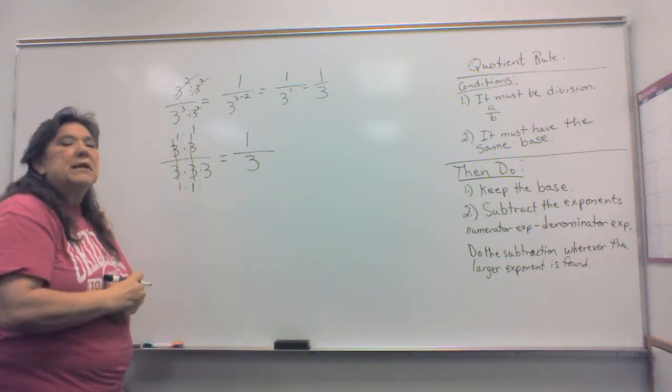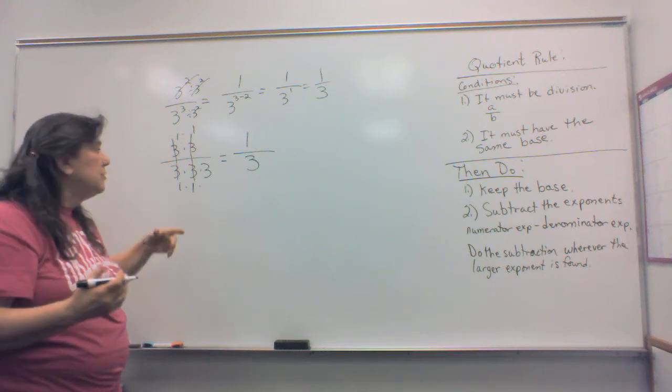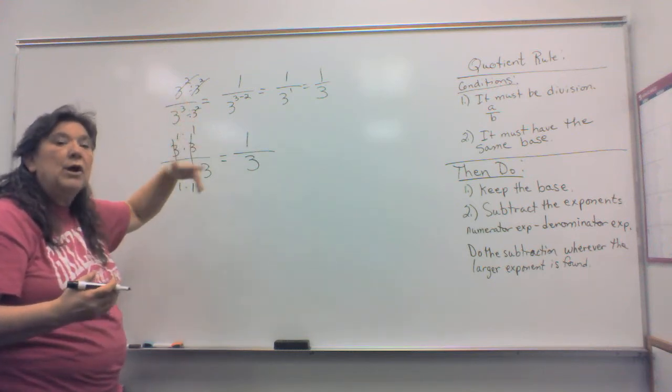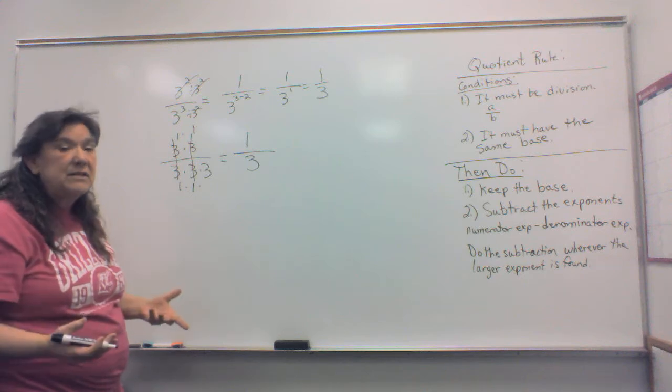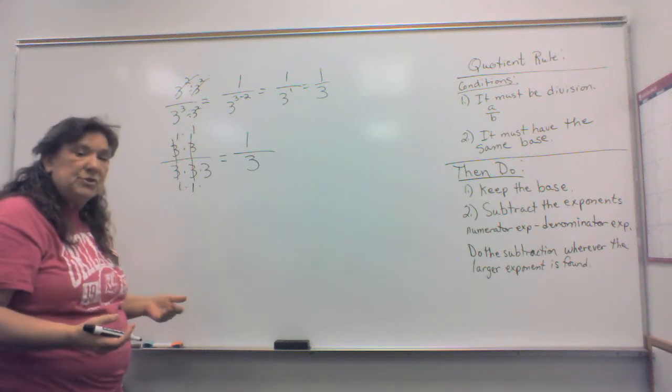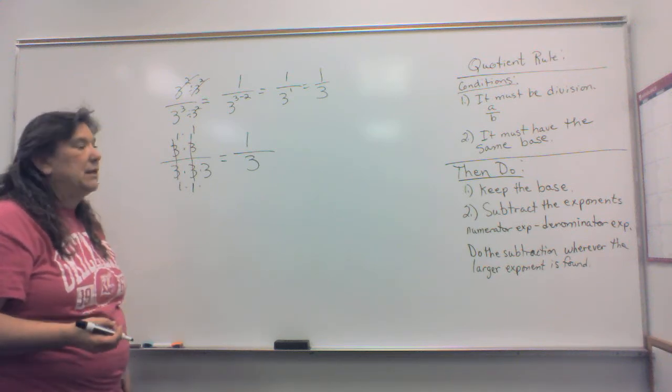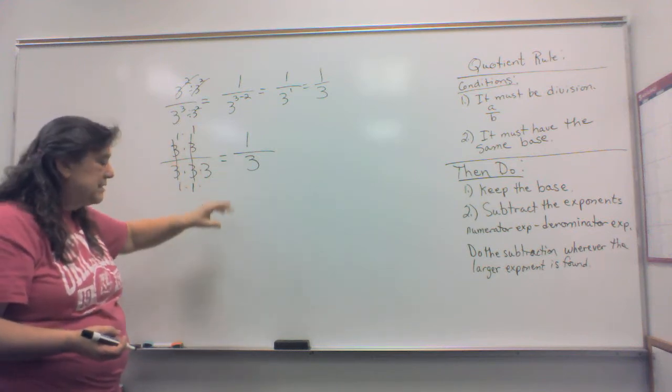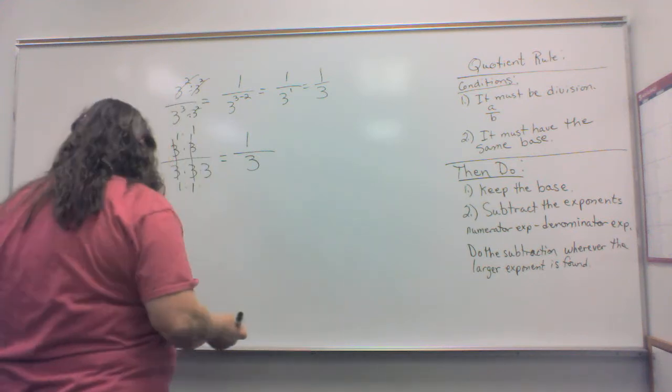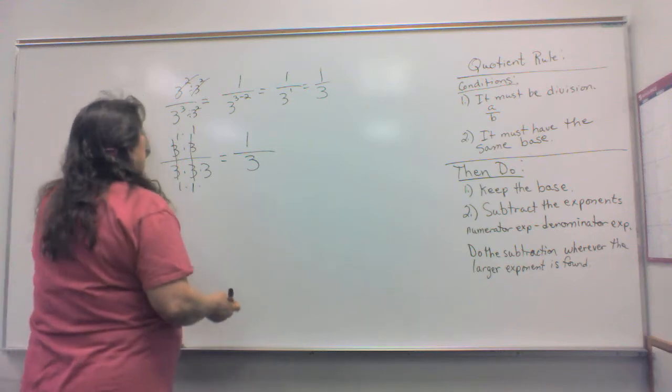So you see, it makes sense to do it. We could do numerator minus denominator, but we would end up with a negative exponent, and I haven't shown you yet what to do with that, but we will in a little bit. So here is the basic foundation of the quotient rule.